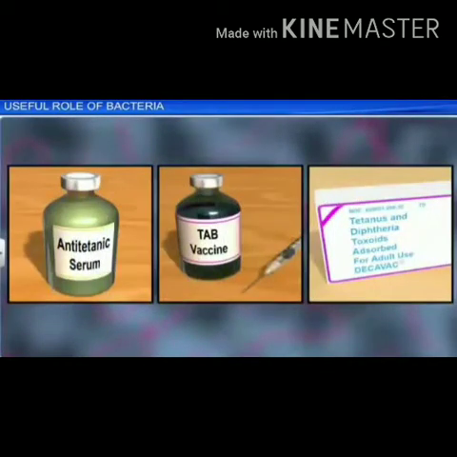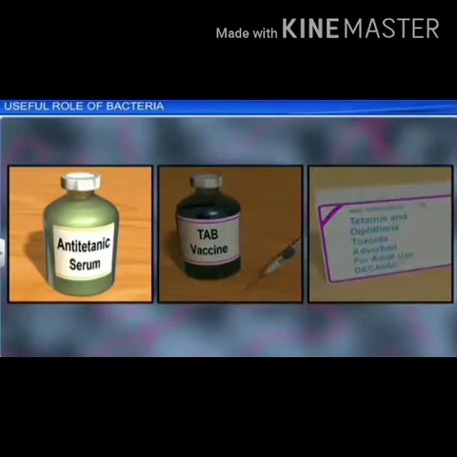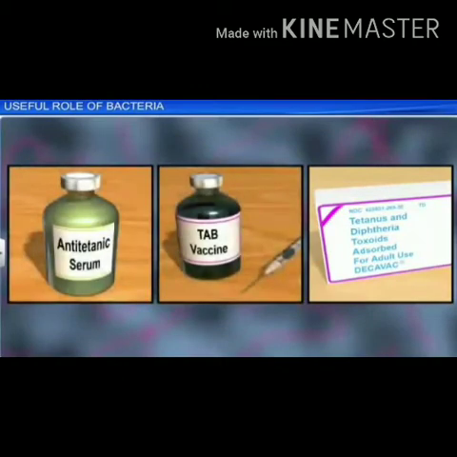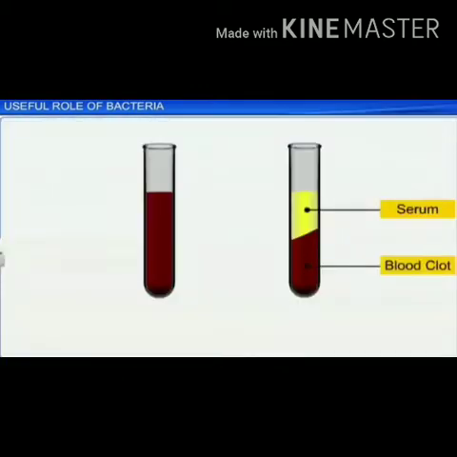Bacteria, in addition to playing a useful role in the production of antibiotics, also play a useful role in the production of serums, vaccines, and toxoids. A serum is blood plasma from which the fibrinogen has been separated.